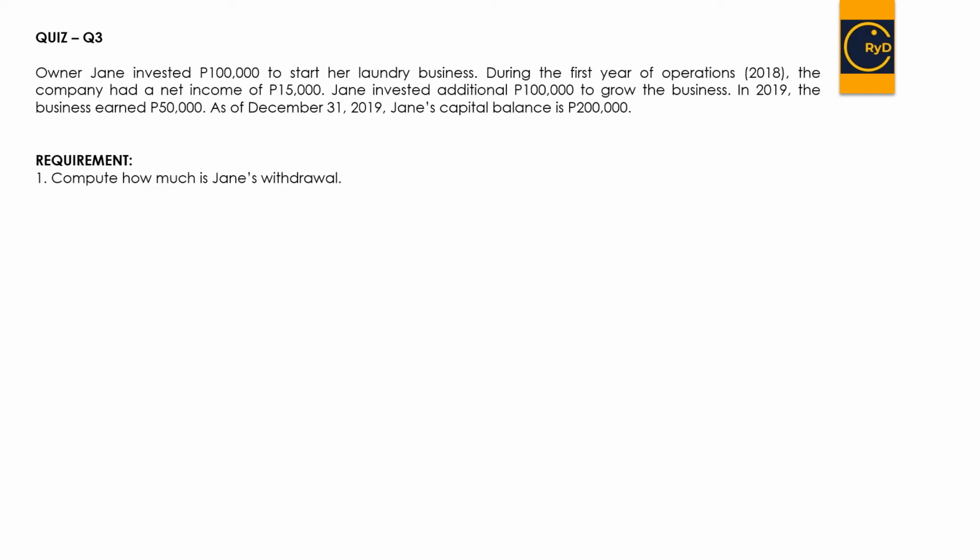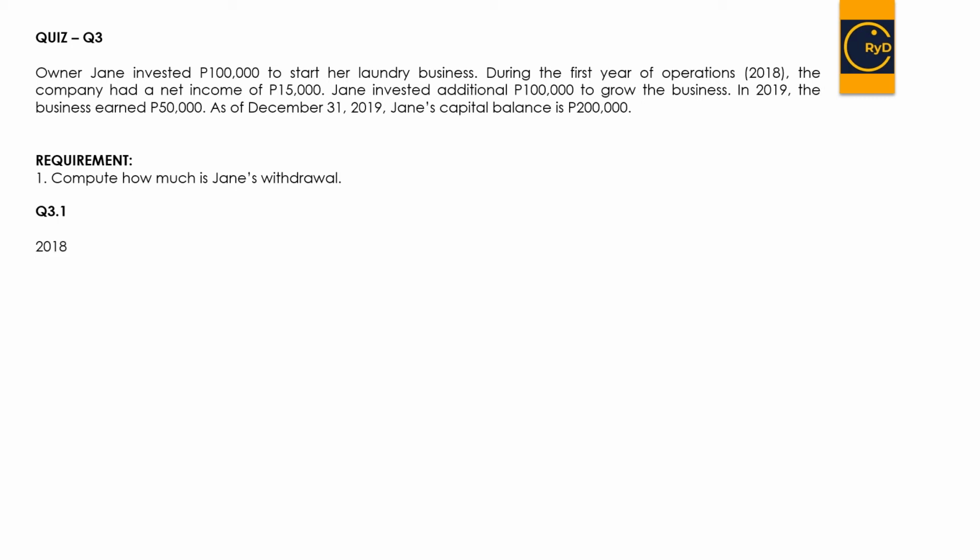So in this case, class, we still look for the components of the capital beginning as well as the movements to the capital account to reach the amount for the drawing. So in this question, we still start at year 2018 to determine the capital beginning balance of Jane in 2019, okay?